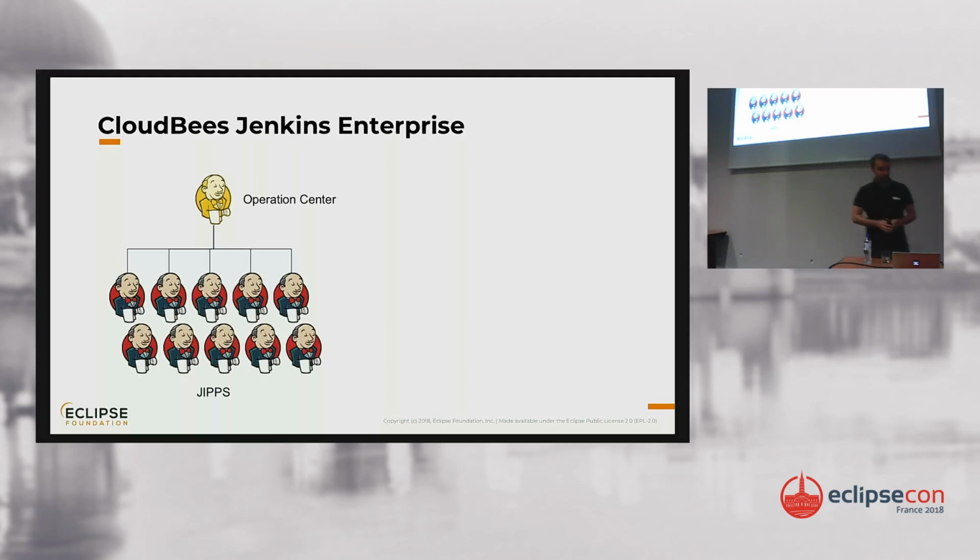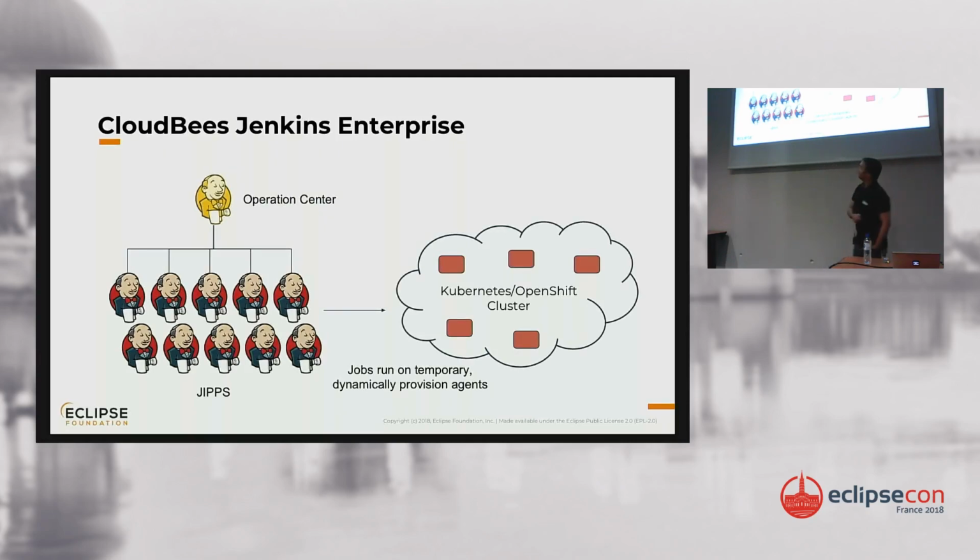An example of an operation that you can run is, I want to install this plugin on all these instances. Quite handy. I want to upgrade all these instances to the newest version with security patch X. Very handy.